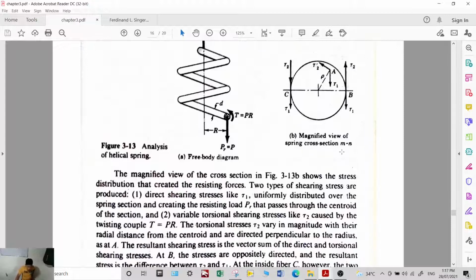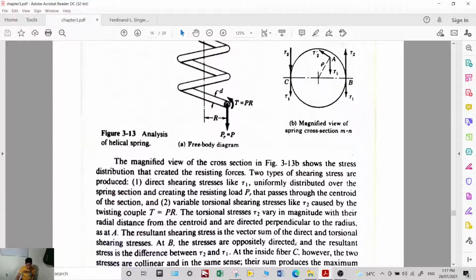We find out that the resultant shearing stress at point B is the vector sum of the shearing stresses. At point B the stresses are opposite: tau 1 is directed downward and tau 2 upward, so the resultant is the difference of the two.